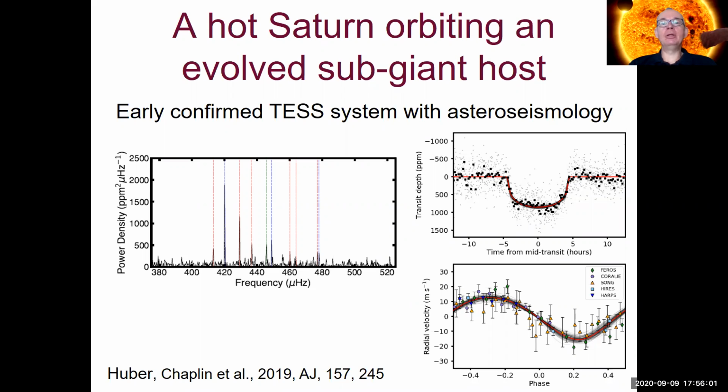By combining all these data, we were able to provide a measurement of the absolute size of the planet from the transit data, combined with the absolute size of the star. And we could also measure the absolute mass of the planet from the Doppler wobble data, combined with the mass of the star inferred from the analysis that used the asteroseismology. And we're now starting to do this on more systems.